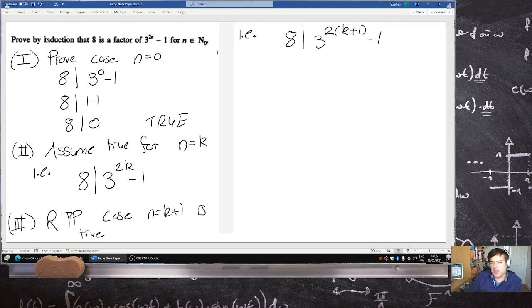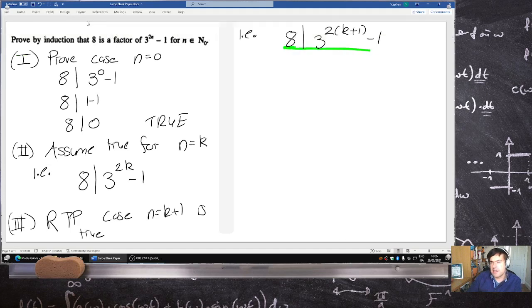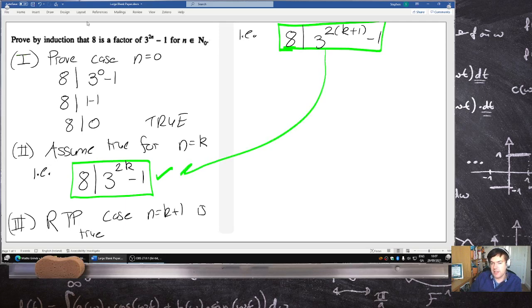There's two strategies here. You could either start here and simplify it and arrive at this statement, which is true by assumption, or start with this statement, which is true by assumption, and show that this one follows from it. So basically we can either start here and try to get to here, or start here and try to get to here.